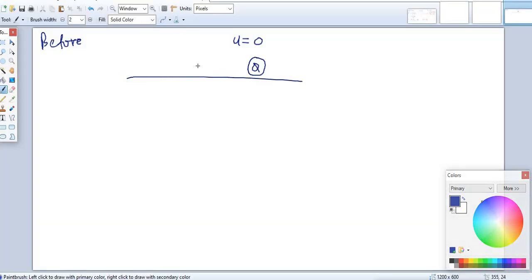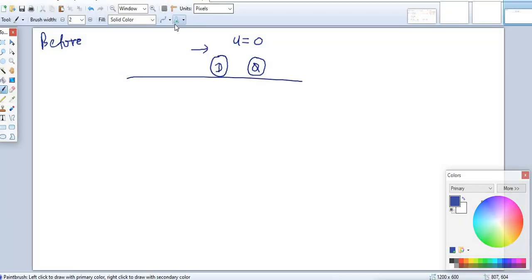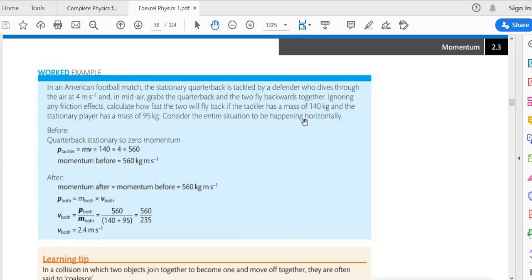Okay, so let's call this person D, moving that way at 4 meters per second. This person is coming from one side, grabs the quarterback, and the two fall backwards together.